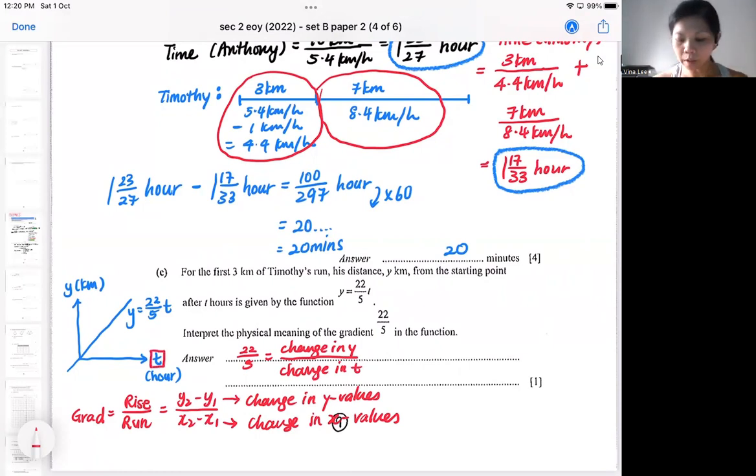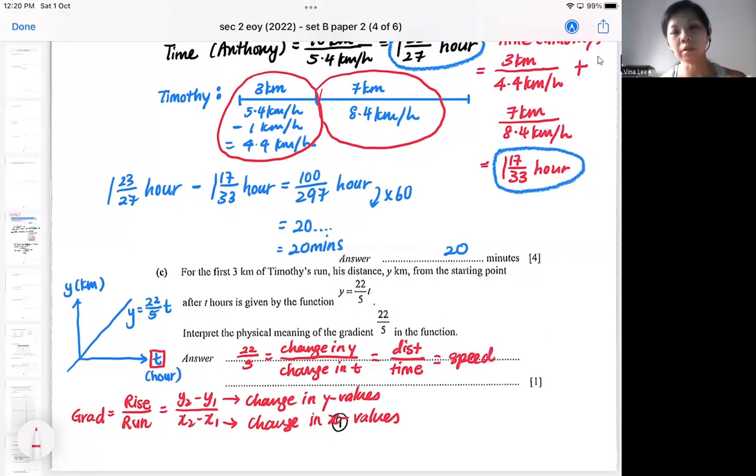My change in y is represented by distance. My change in the horizontal axis is given by time, which is in hours. So distance over time is actually a speed.